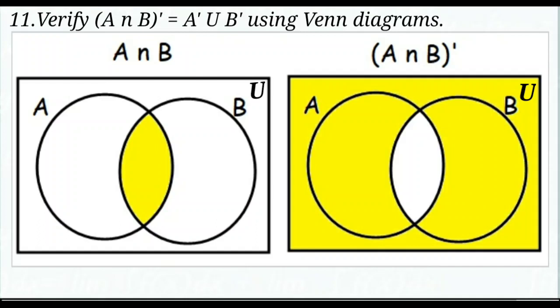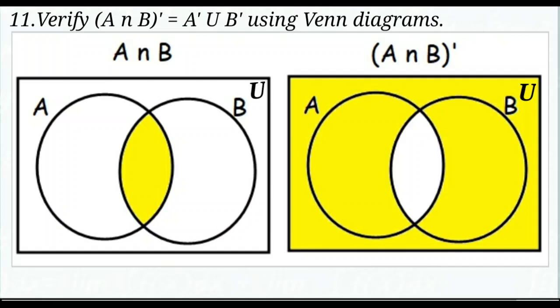Then left hand side, (A intersection B)'. First we find A intersection B. Intersection means common part.